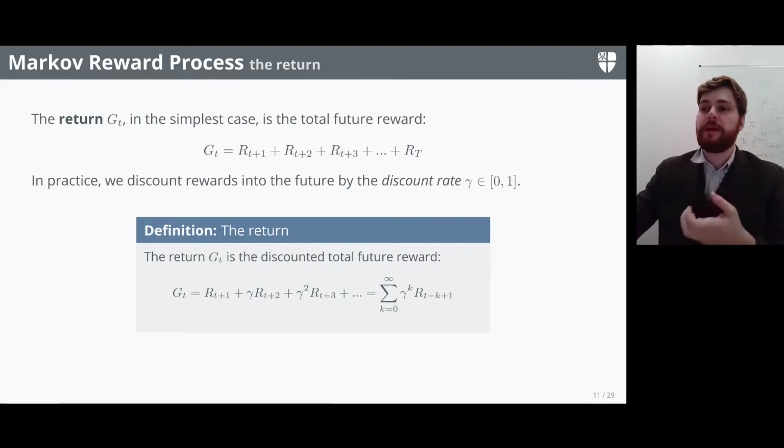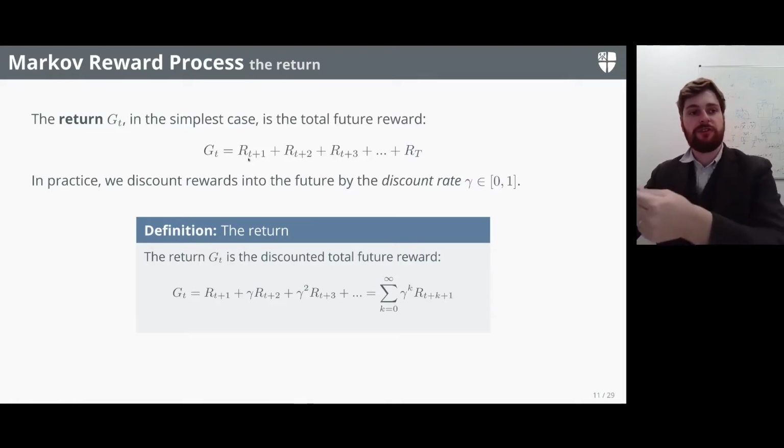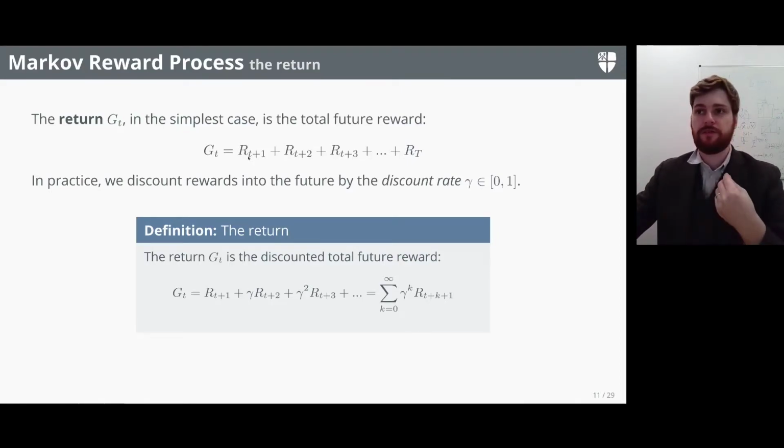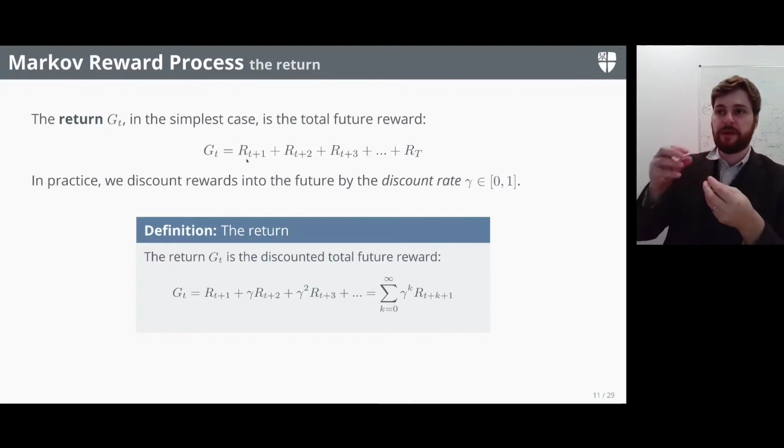Basically we may wish to penalize rewards far into the future. So the return is just all of the rewards going into the future. If you play an episode of a Markov reward process, at every state we basically want to sum up all of the rewards going into the future.